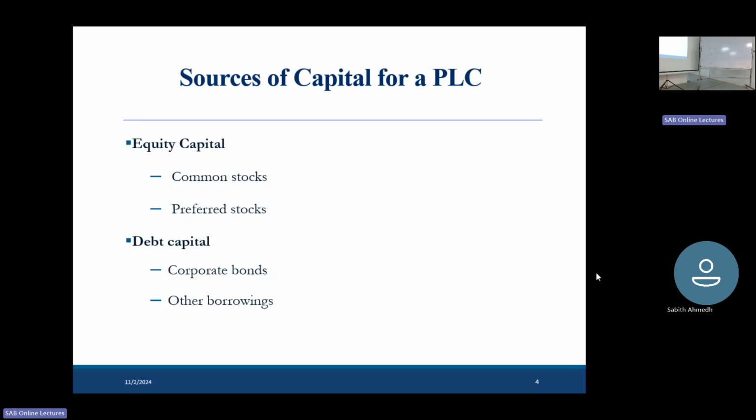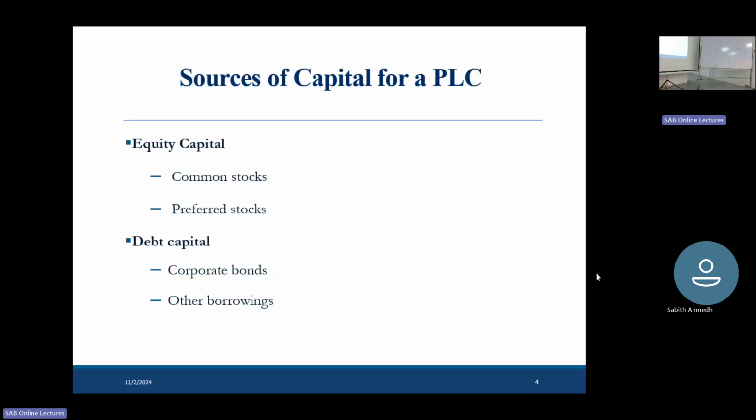So this is the capital structure. Basically you can divide capital structure into debt capital and equity capital. When it comes to debt and equity capital, what is the difference? Under equity capital, I have mentioned common stock and preferred stock, and under debt capital, corporate bonds and other types of borrowings.